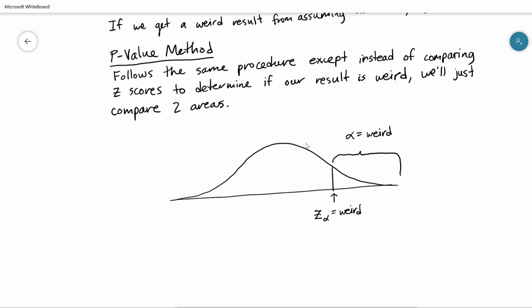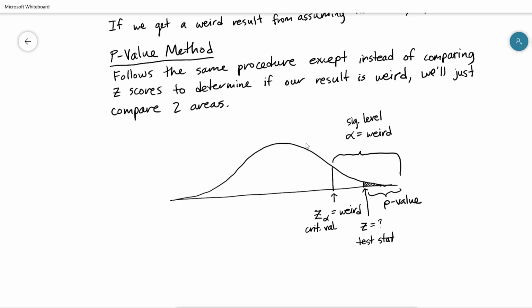And I could compare, here's our result, some result in here. So this is the critical value. This is the significance level. This z-score right here, some z that we get here, some other number, that is our test statistic. And this last little area right here in this region, that area right there is what we call the p-value.